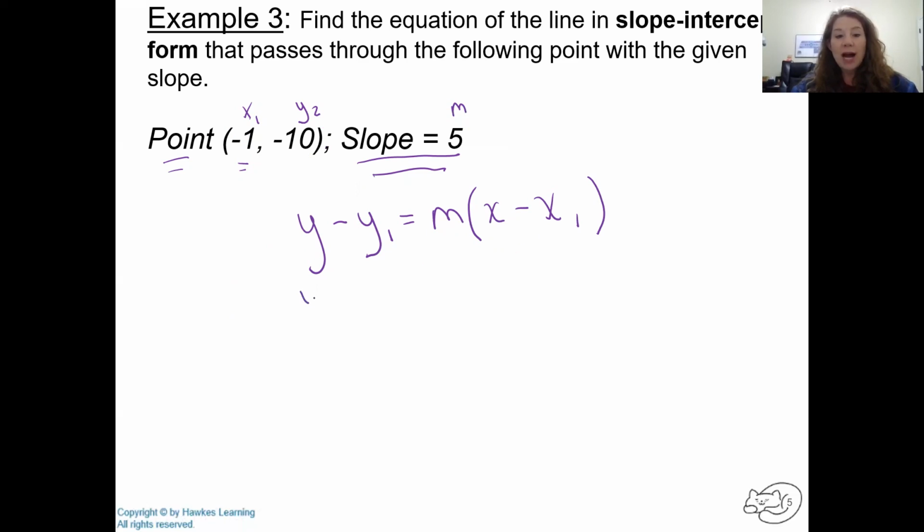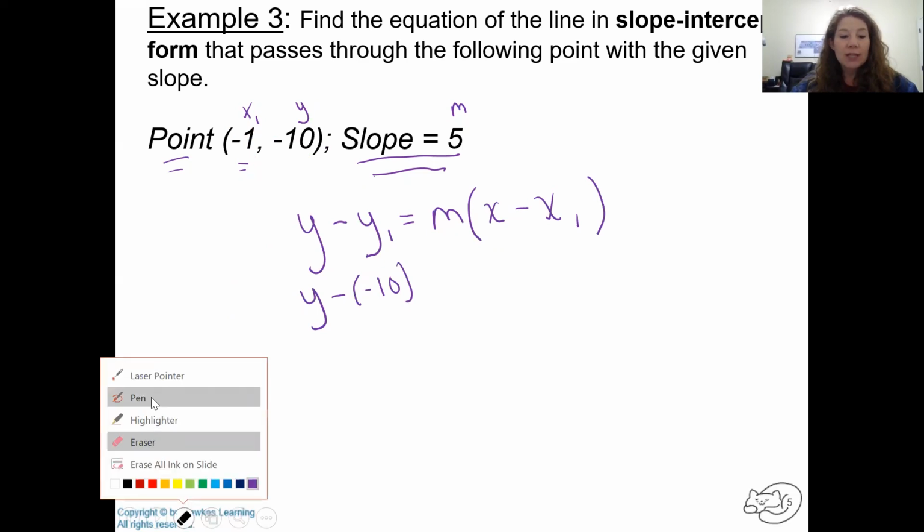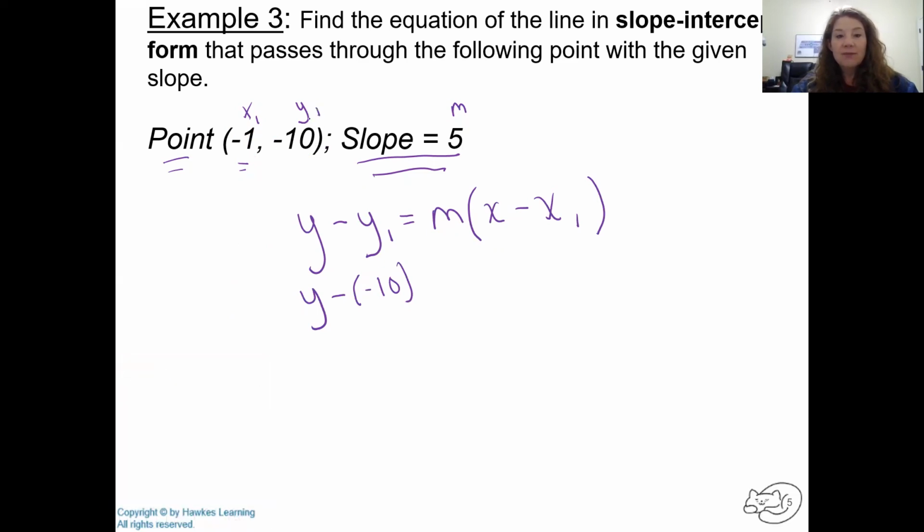So we have y minus y1. Well, this time y1 is, oh, I almost put -1, but it's -10. Sorry, hold on. This is x1 and y1. I don't know why I wrote y2. Please don't let me confuse you.